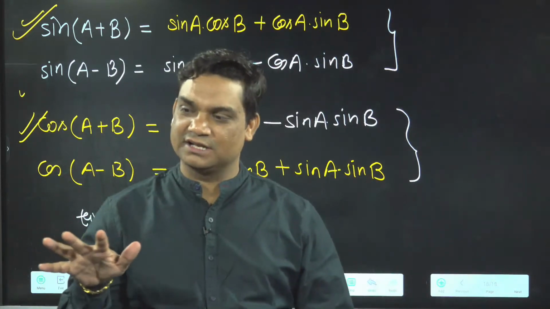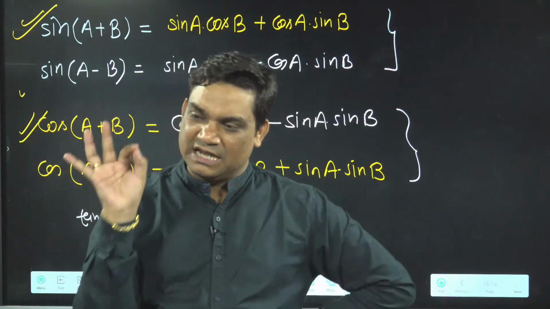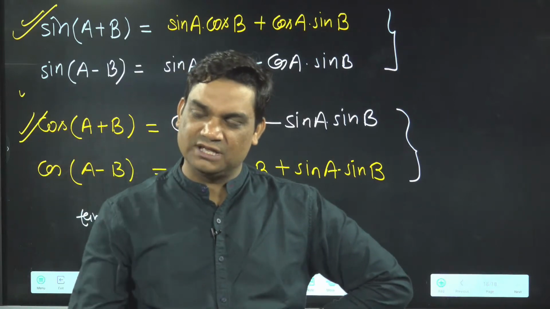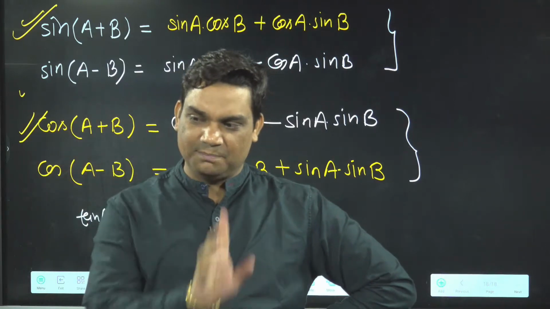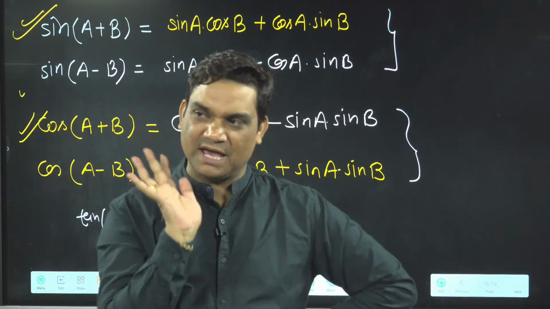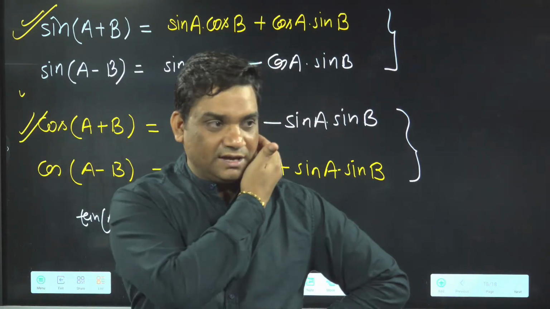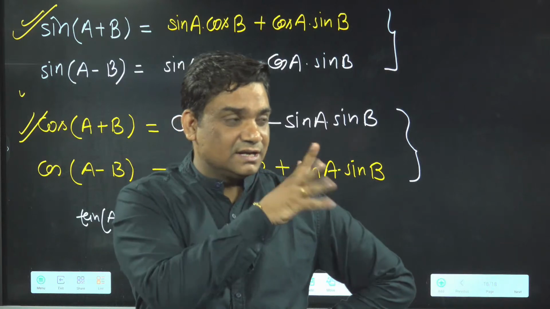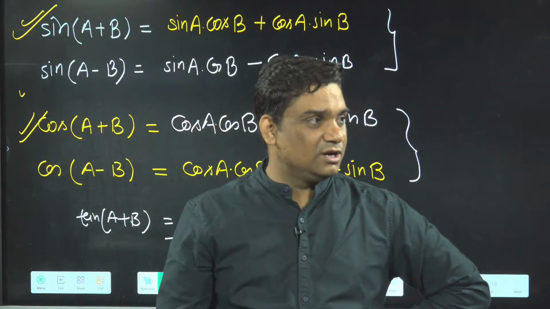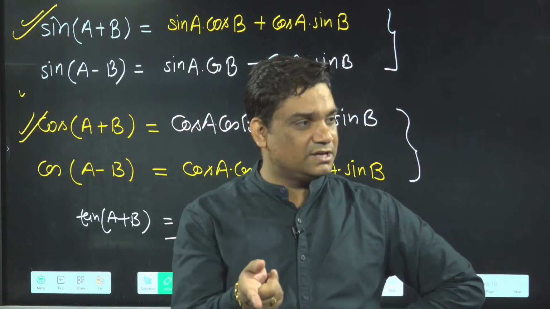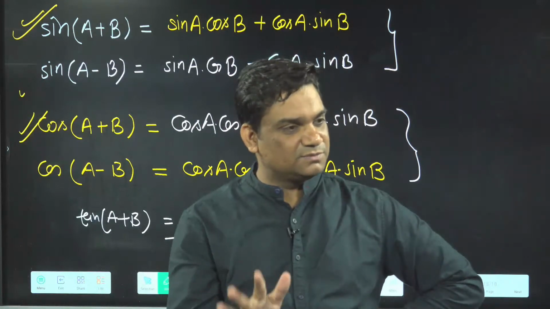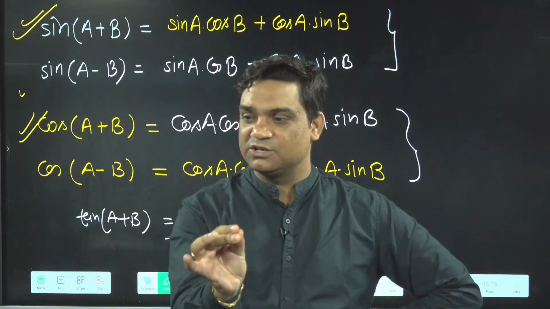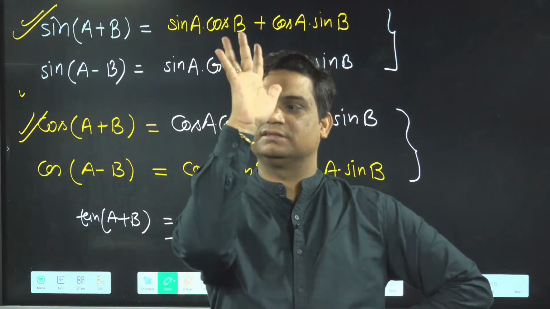If you forget, there is no problem. If you tell me just this, sir, in the sine formula, sine cos together, plus remains plus, minus remains minus, I will be happy. And if you tell me, sir, in the cos formula, cos together, sine together, plus becomes minus, minus becomes plus, I will be happy, because using this information we are going to do all the things.